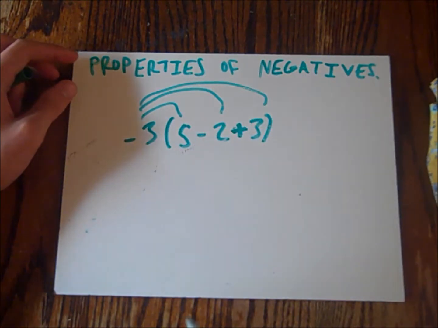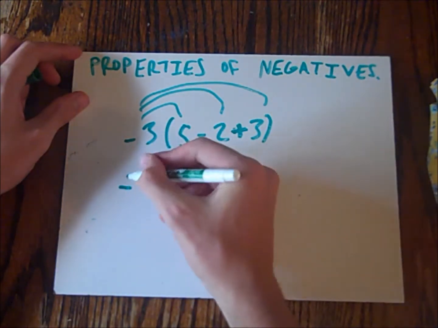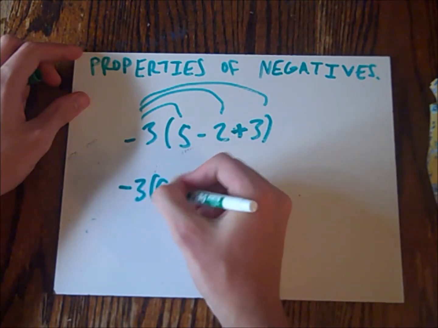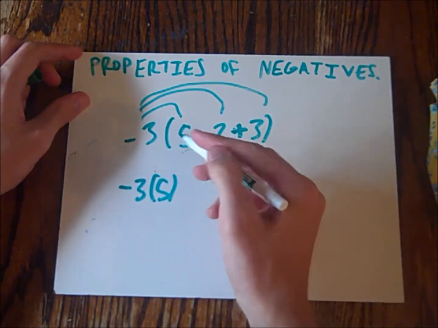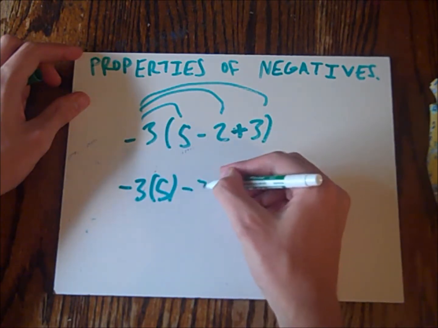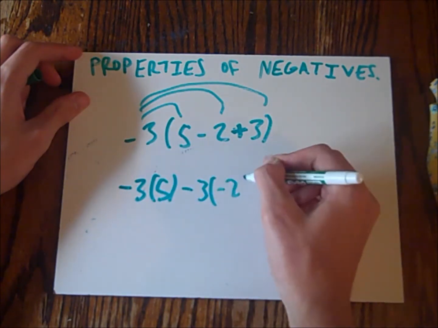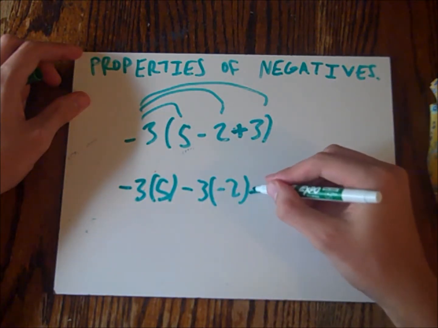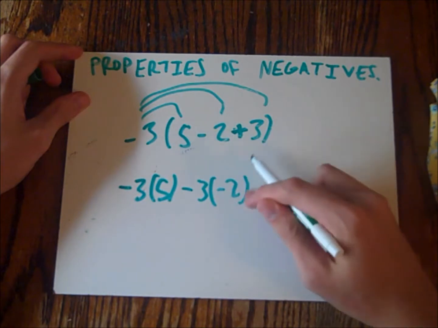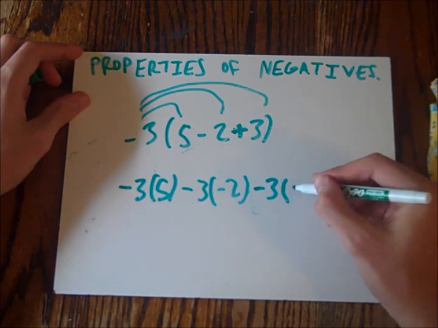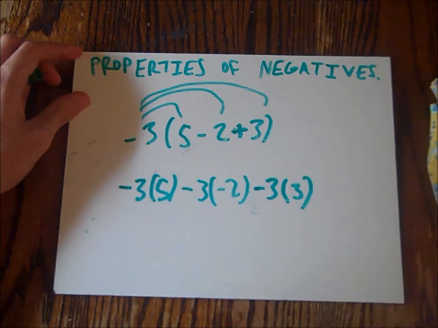We've got negative 3 times 5 and plus negative 3 times negative 2, plus, actually, minus 3 times 3.